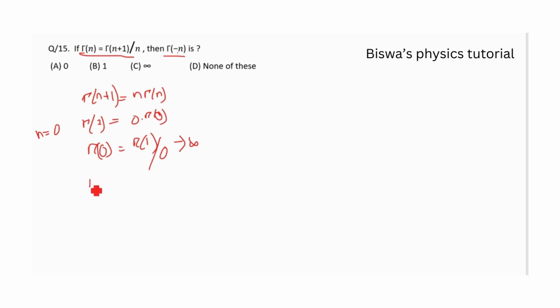Similarly, gamma minus 1 becomes gamma(minus 1 plus 1) divided by 0, which is gamma 0 by 0, but here we found gamma 0 is infinity, so it's infinity. So it's true for all. You have to remember that gamma of any negative number is infinity. Okay, this is your answer.